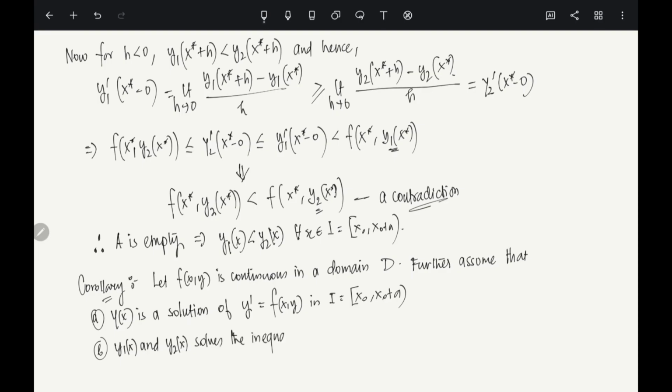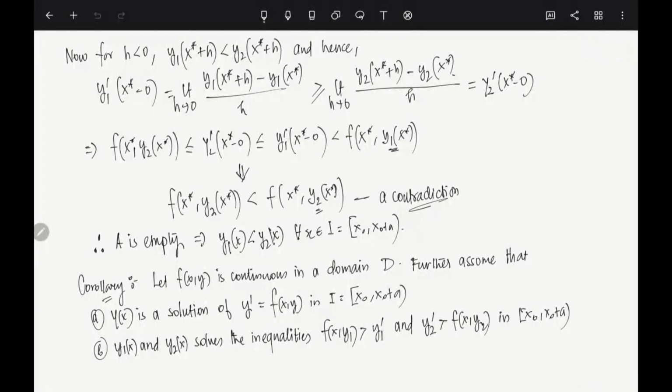What are the inequalities? f of x y1 greater than y1 prime, and y2 prime greater than f of x y2, in x naught to x naught plus a. Clear? So this is the second condition.